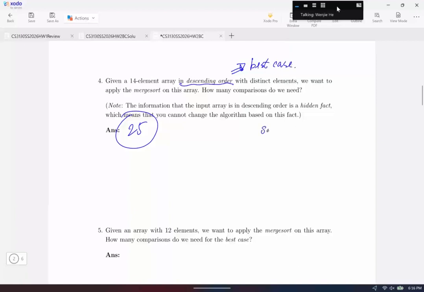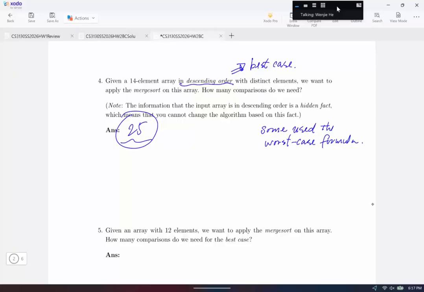But some students use the worst case formula. Then your answer is much larger than this number. So that's one.